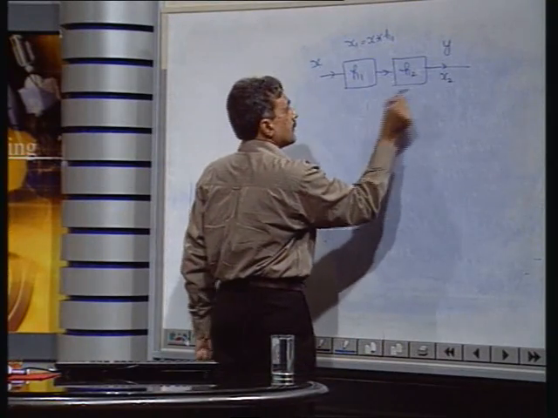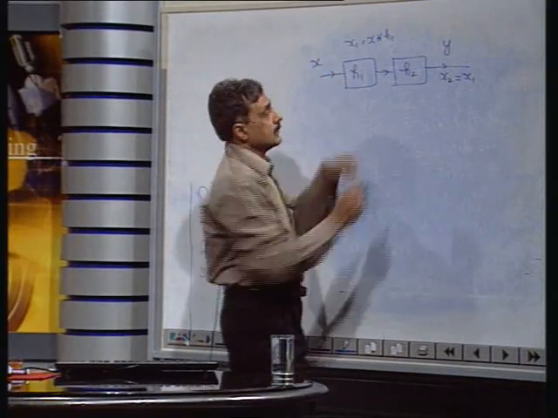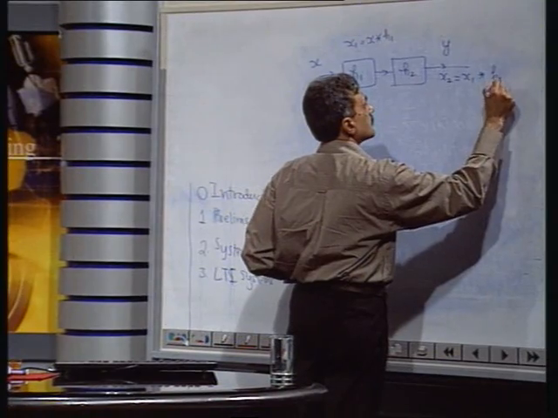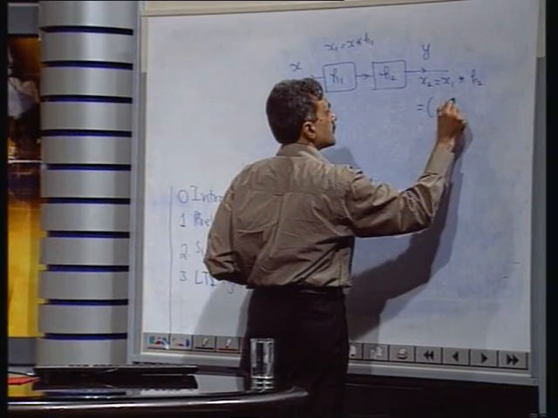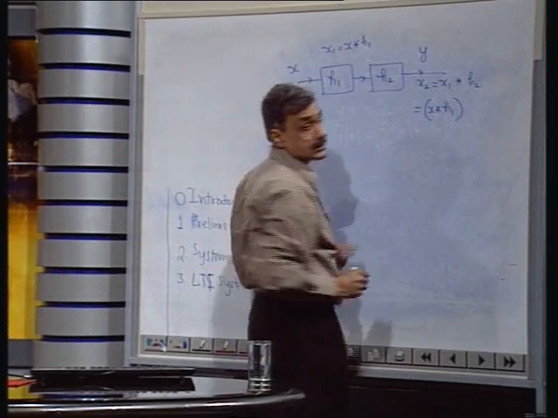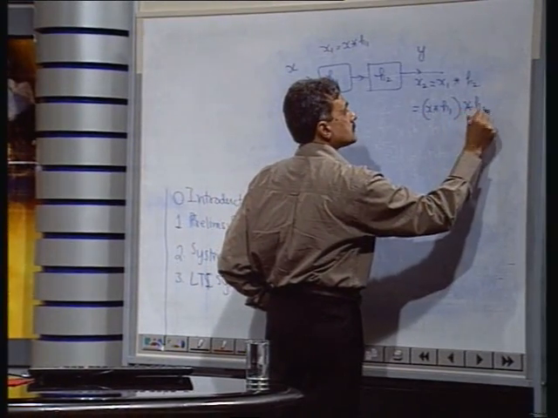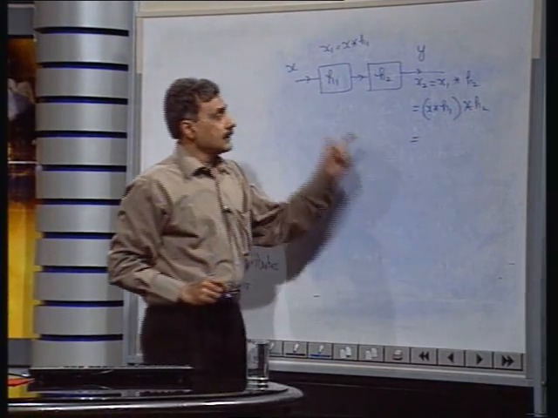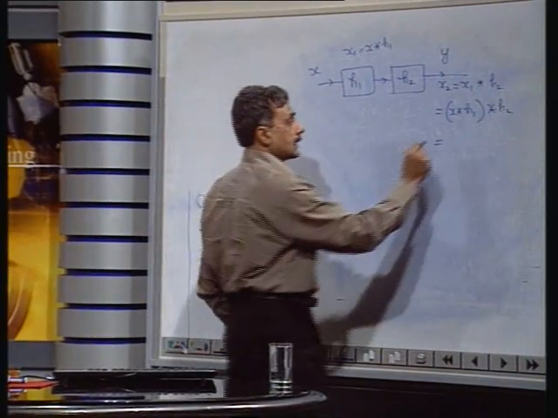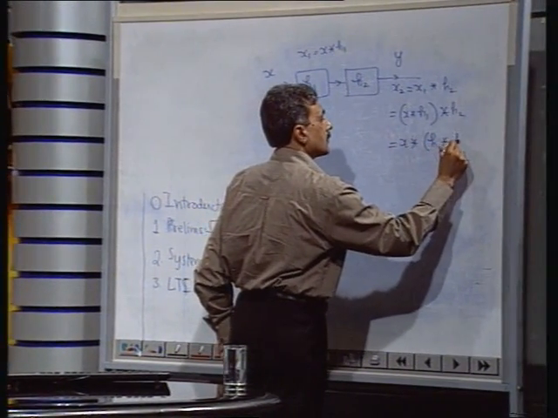Then x2 is nothing but x1, because input to this is x1, convolved with h2. If I write down the definition of x1, it is nothing but x convolved with h1, which is then passing through the other system h2. So it is clear from the associative property of convolution that I can write this as x star h1 convolved with h2.